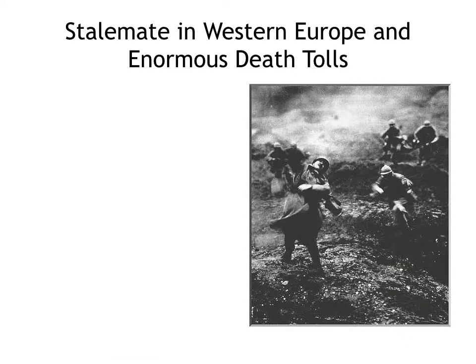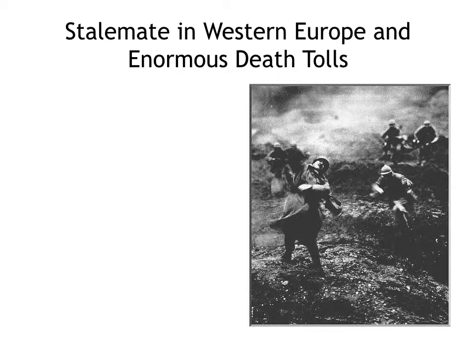What would be quite shocking to Europeans and to Americans is the immense death toll created by the war. By the end of the conflict, we're talking about millions and millions of people who were killed. Single battles will result in the deaths of hundreds of thousands of people. In an effort to try and break the German line, the British launched an assault in 1916 known as the Battle of the Somme.